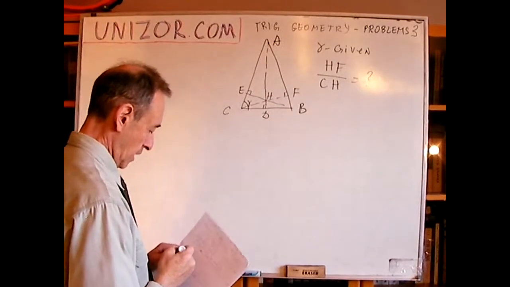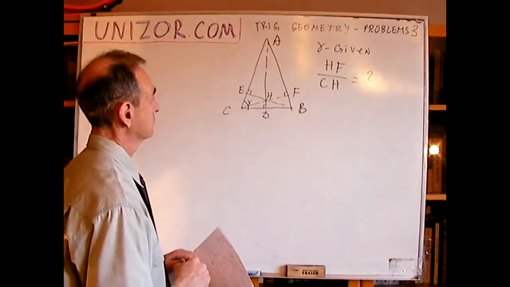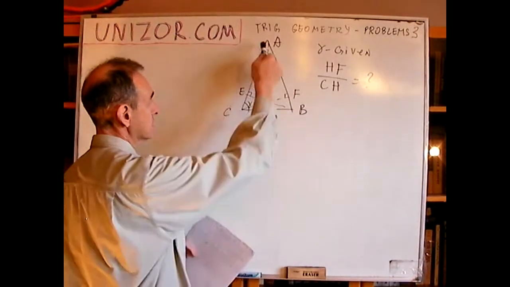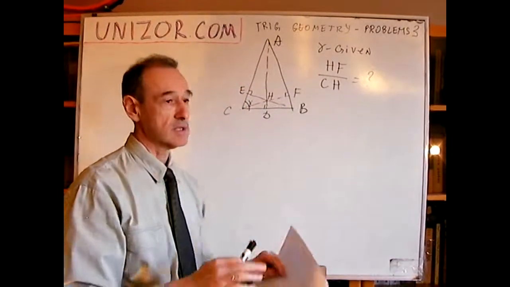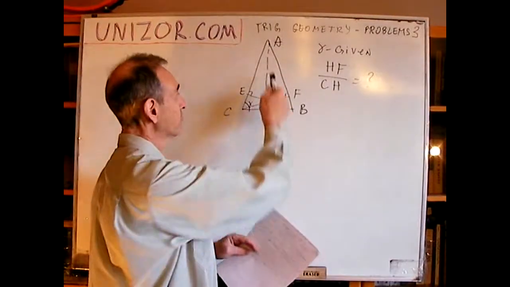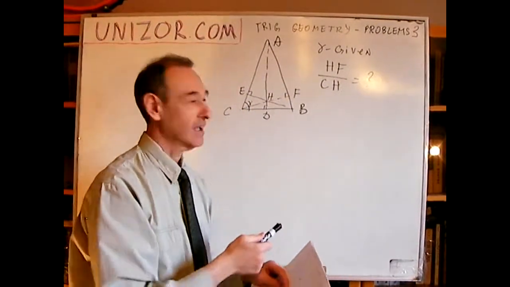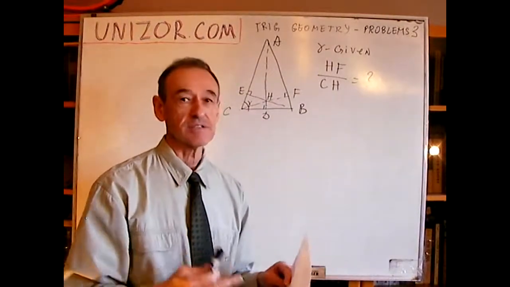Now, it's actually quite easy. First of all, this is an isosceles triangle, right? So this altitude is everything. It's altitude, it's angle bisector, it's median of this side, and it's basically the axis of symmetry, right?